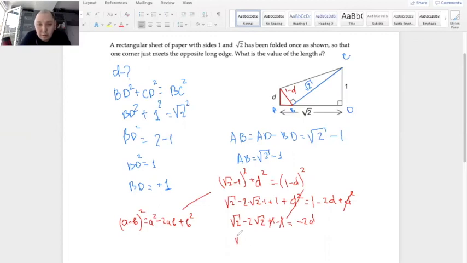We can write square root 2, 1 minus 2, over 2 equals negative D. We divided both sides by minus, and the minus disappears here. So the final answer is square root 2 over 2. So that is the answer.